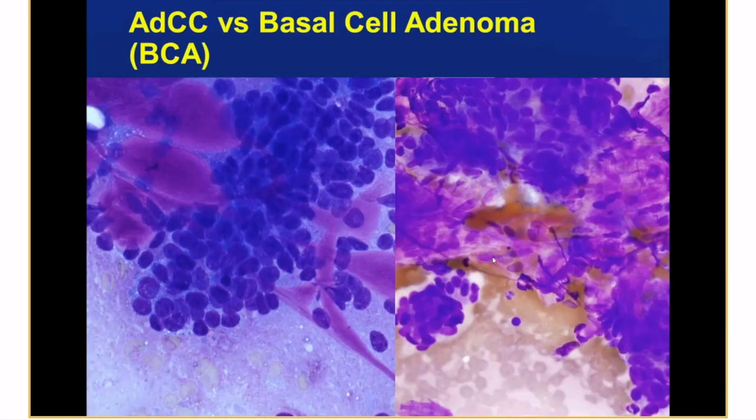Adenoid cystic carcinoma can also be very difficult to distinguish from basal cell adenoma. So you have adenoid cystic on your left, the cells just sticking to the matrix, and basal cell adenoma on your right. Basal cell adenoma also has the basaloid looking cells with scant cytoplasm, but one more significant difference is that basal cell adenoma cells mingle more with the stroma.